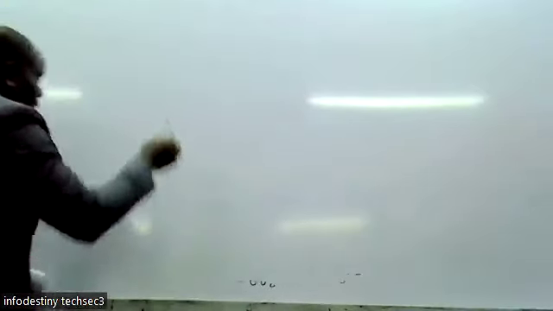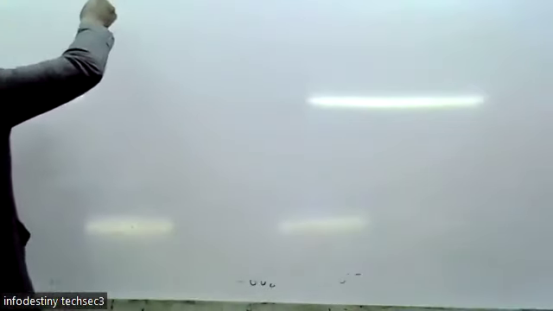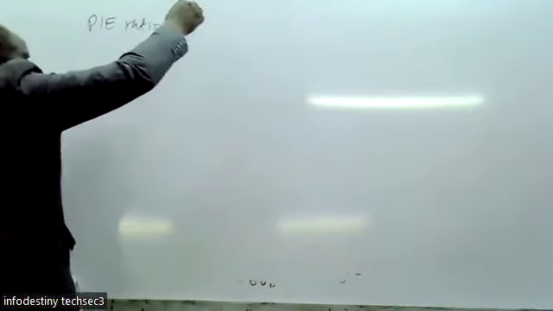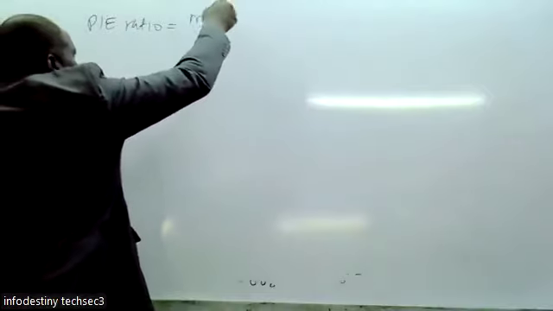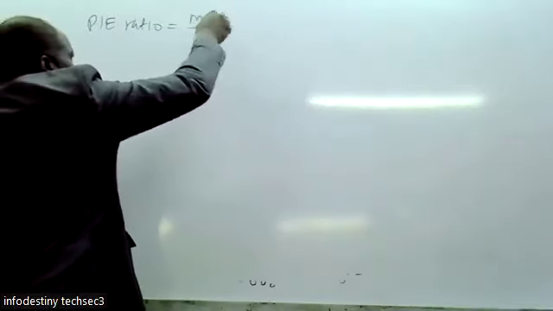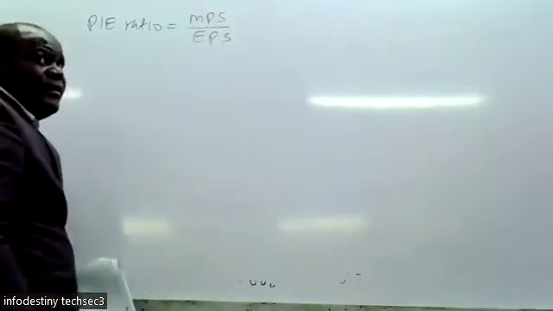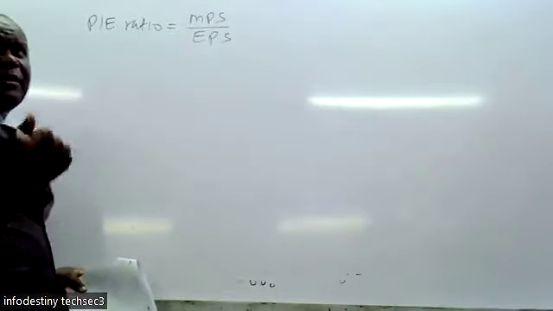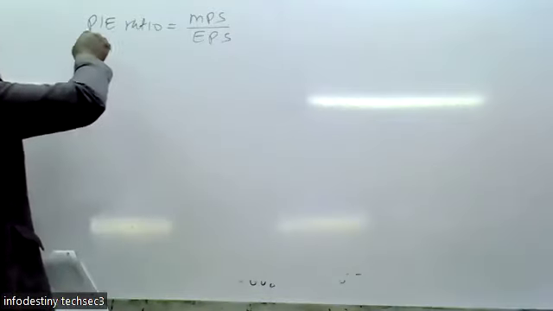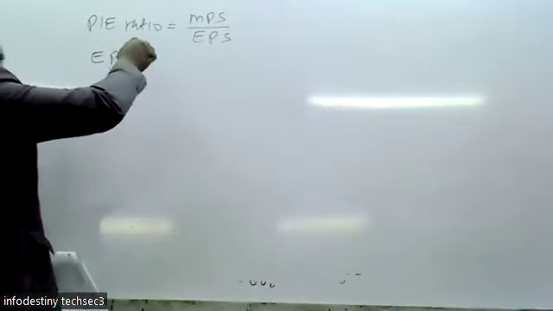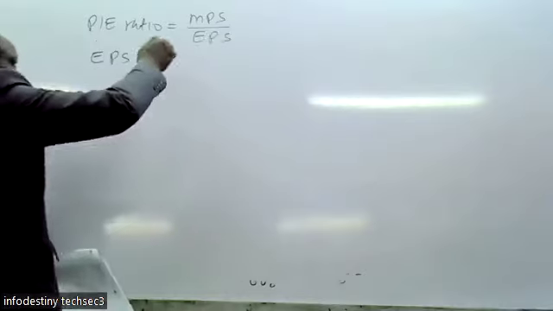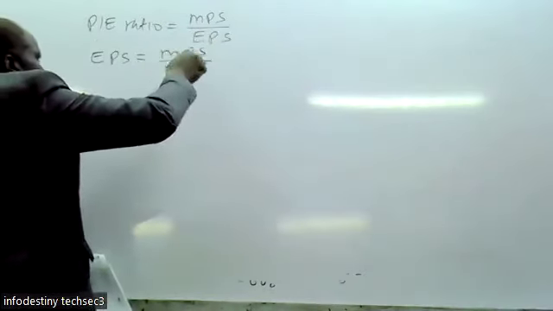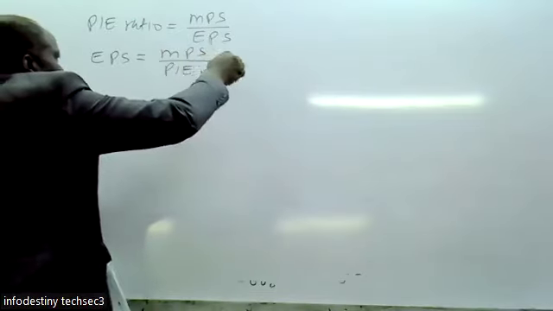The price earning ratio is given by market price per share divided by the earning per share. So we make the earning per share the subject: earning per share is the market price per share divided by the price earning ratio.